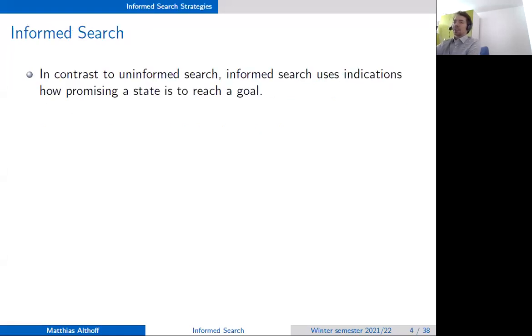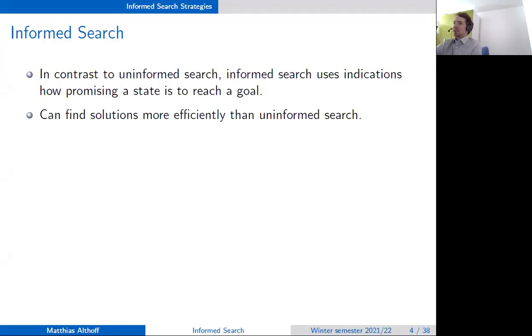So this was already discussed yesterday a bit. What is the difference of uninformed and informed search? In contrast to uninformed search, informed search uses indications of how promising a state is to reach a goal. Because of this additional information, you can find a goal more efficiently compared to uninformed search. Of course, there can always be cases where a certain uninformed search technique is faster, but on average, this is not the case.